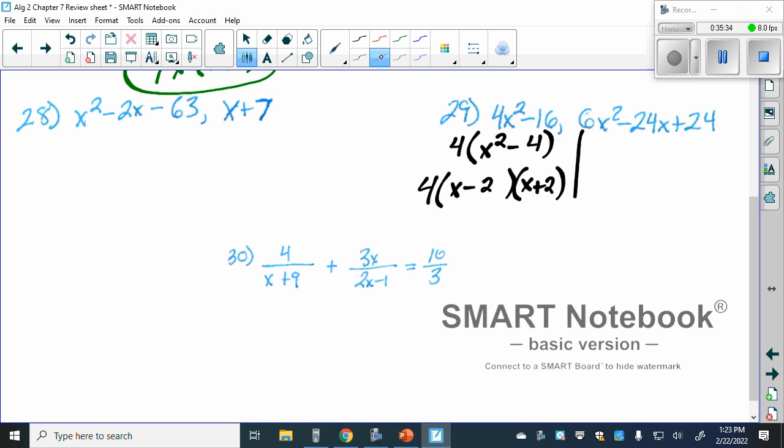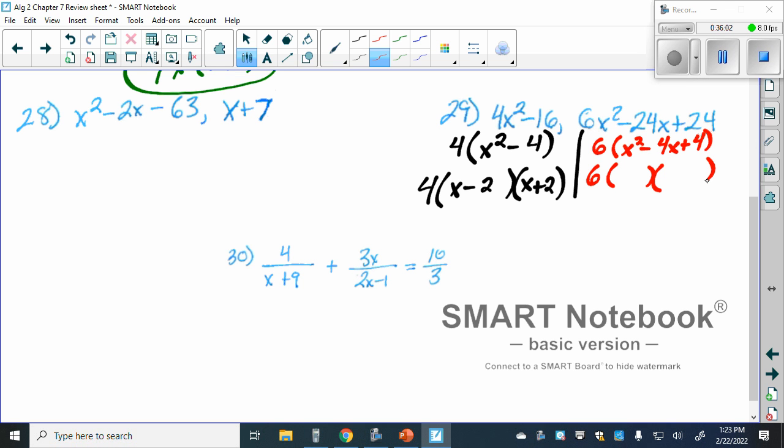Now, if we look at the other one, 6x squared minus 24x plus 24, there is a greatest common factor of 6. And if we factor it out, we're left with x squared minus 4x plus 4. So looking at greatest common factors is one of the big things we need to do first.